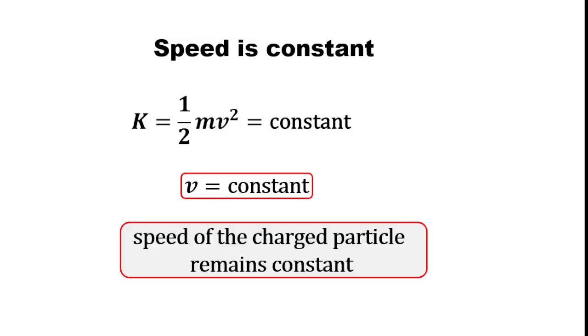So in this dynamics, that is the motion of the charged particle in a constant magnetic field, we see that the kinetic energy and the speed of the particle remain constant, and the magnetic force does no work on the charged particle.